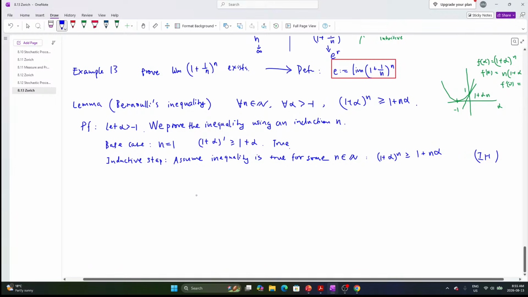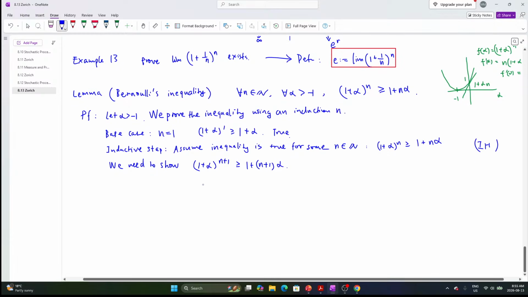So assuming the induction hypothesis, we need to show the inequality is true for n plus 1. Need to show 1 plus alpha to the n plus 1 is greater or equal to 1 plus n plus 1 times alpha. There you go.